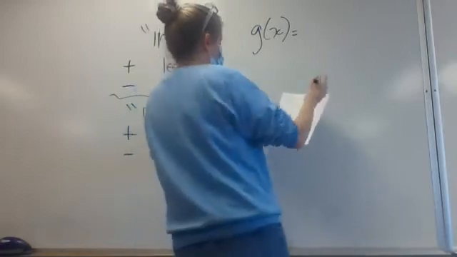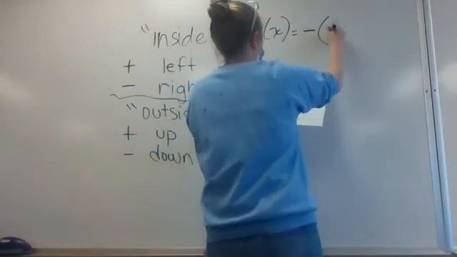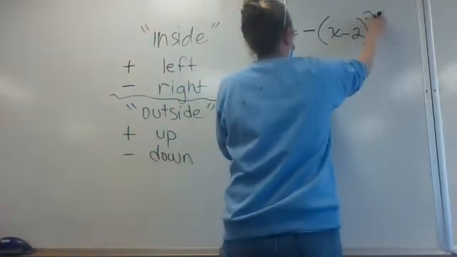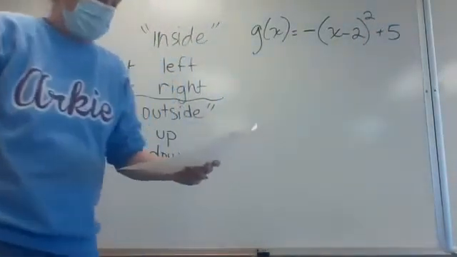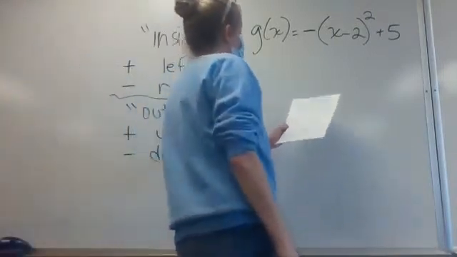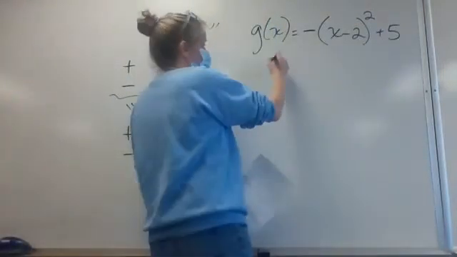Number 4, g of x equals negative (x minus 2) squared plus 5. It's going to start off with an x squared, right?